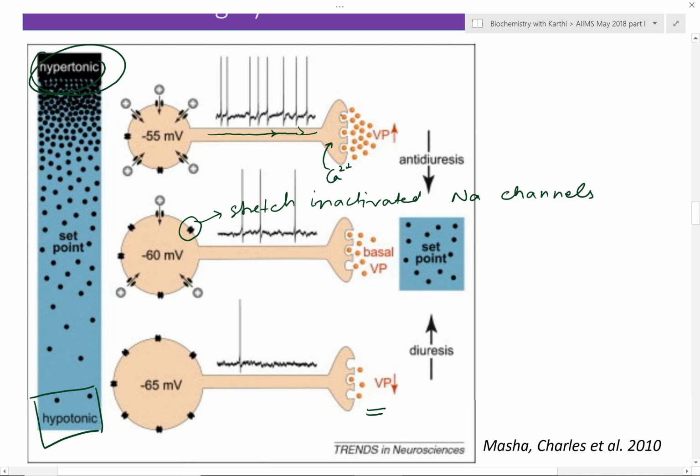This influx of calcium will cause these granules, the storage granules of AVP, to be released. Okay, so there will be an increase in AVP secretion. So basically we have a set point of this osmoreceptor activity, and that will give us a basal ADH level.